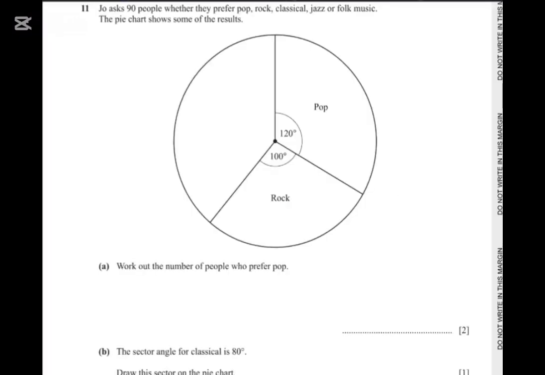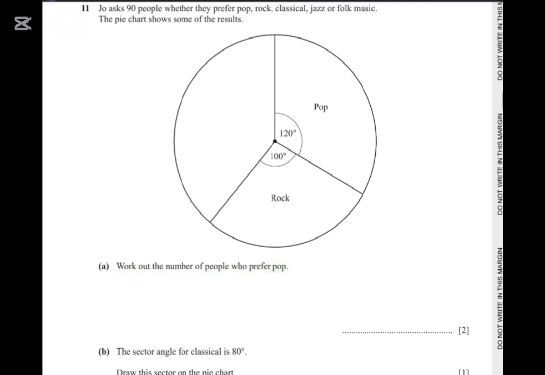Question number 11. Joe asks 90 people whether they prefer pop, rock, classical, jazz or folk music. The pie chart shows some of the results. Question A. This is the pie chart given with pop and rock sector angles. Work out the number of people who prefer pop.